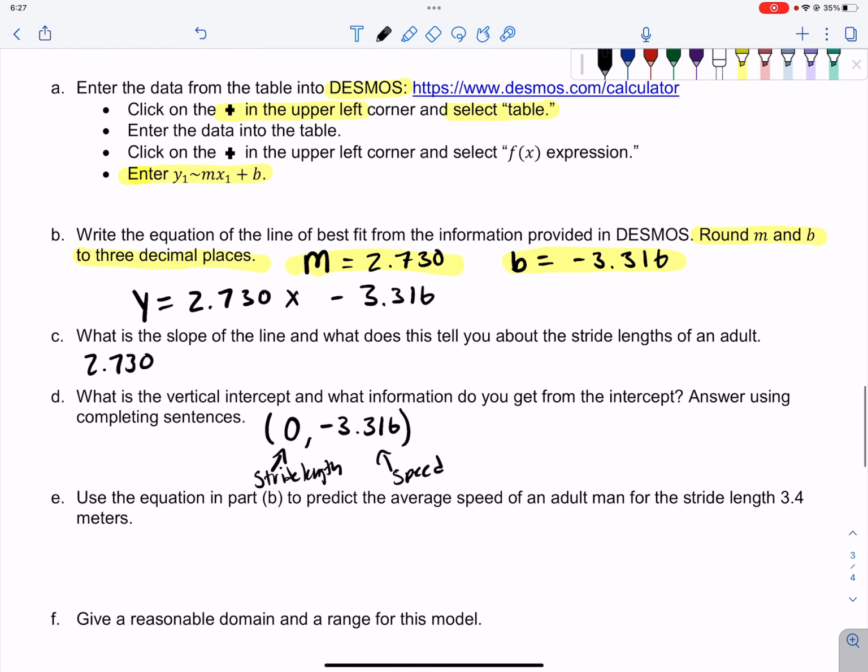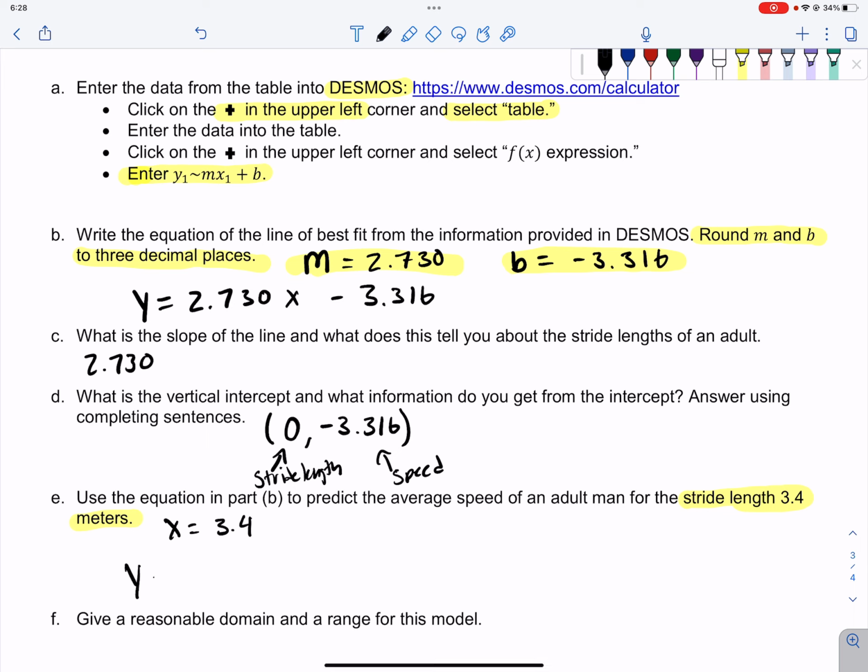But I have one last problem here that I want to do before we go on to our reasonable data points for this. And this is to predict the average speed of an adult man for a stride length of 3.4 meters. So 3.4 meters, that means I want to replace x in my equation with 3.4.